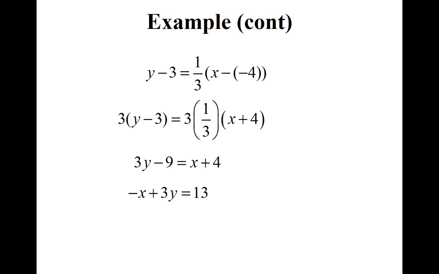Now, sometimes we don't like equations that start with negatives. So we're also allowed to say this is positive x minus 3y equals -13. Divide through by the negative so that it starts with a positive x as opposed to the opposite of x.